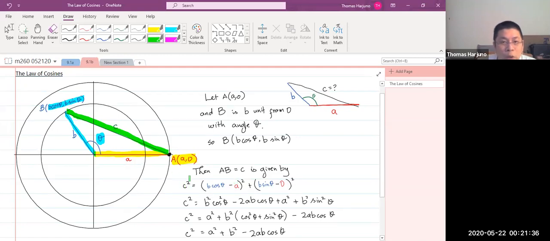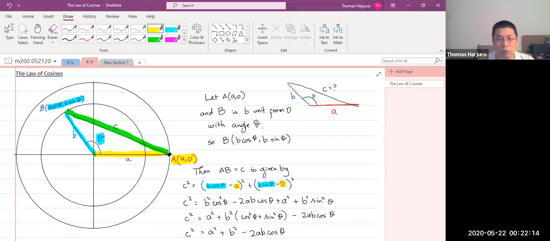C squared is equal to the x component of B minus the x component of A, squared, plus the y component of B minus the y component of A, squared.